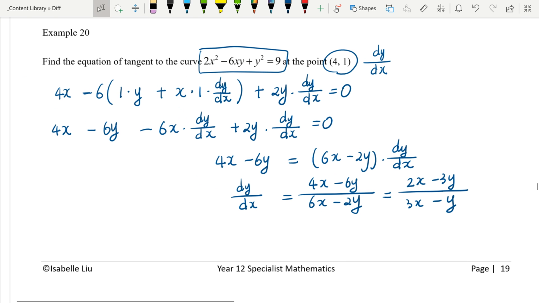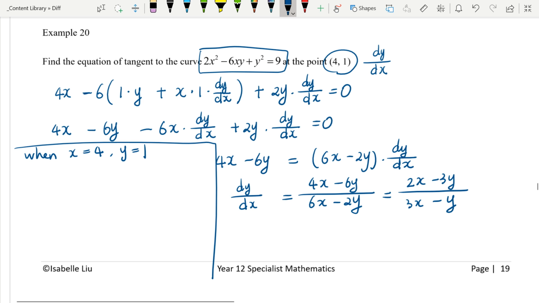So I want to find the gradient at the point (4, 1). When x equals 4 and y equals 1, my dy/dx equals 2 times 4 minus 3 over 3 times 4, 12, minus 1.